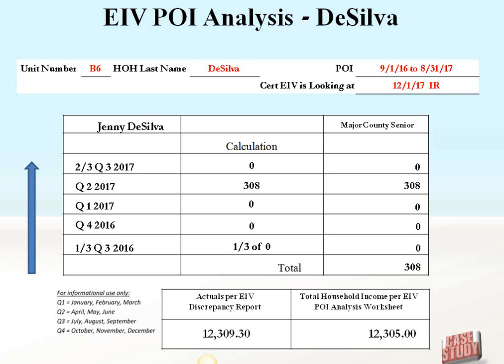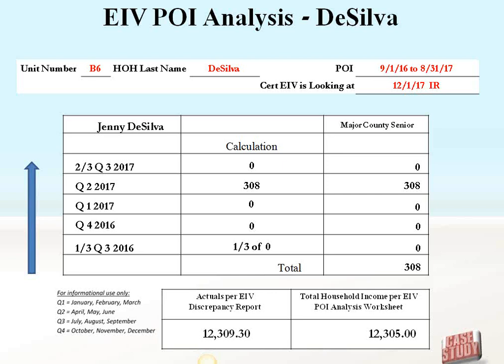Not quite. We're not quite done yet, okay? We know where EIV got their number from. The final step in the process is for us to substantiate why we did what we did and either determine whether we were correct and EIV was wrong, or if EIV was correct and we've got some corrections to do.